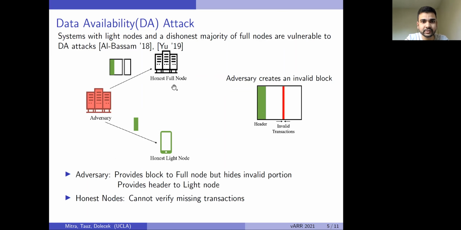Now, honest full nodes cannot verify what is missing. They do not have access to these missing transactions, hence they cannot verify them and cannot create fraud proofs. And in return, light nodes receive no fraud proofs from the honest full nodes, and hence they are forced to accept a header of an invalid block, which is a problem.